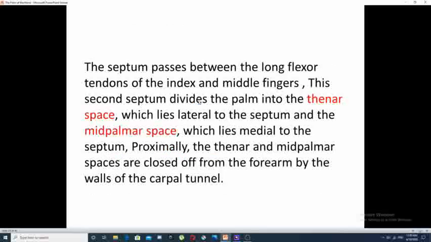The septum passes between the long flexor tendons of the index and middle fingers. This second septum divides the palm into the thenar space, which lies lateral to the septum, and the midpalmar space, which lies medial to the septum. Proximally, the thenar and midpalmar spaces are closed off from the forearm by the walls of the carpal tunnel.